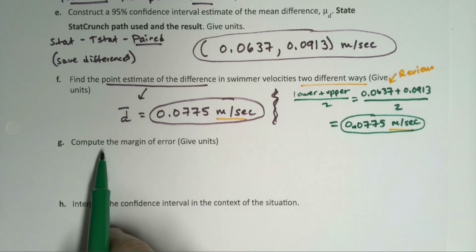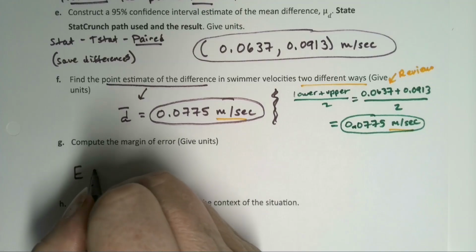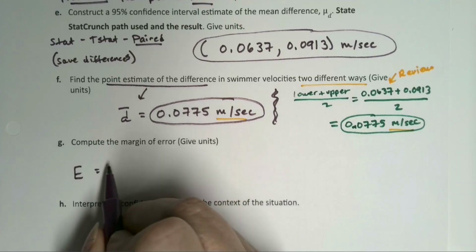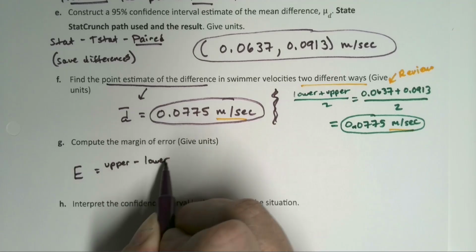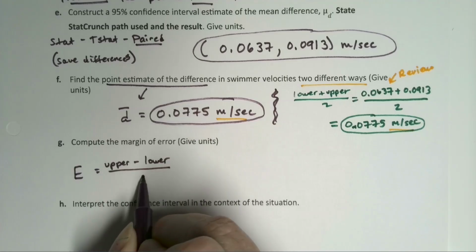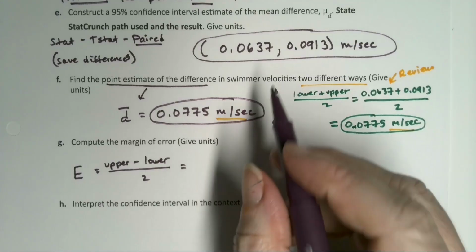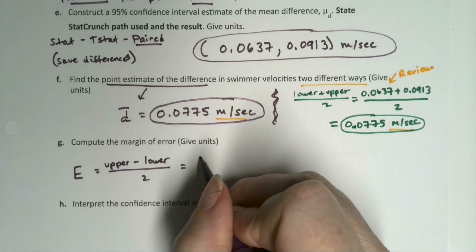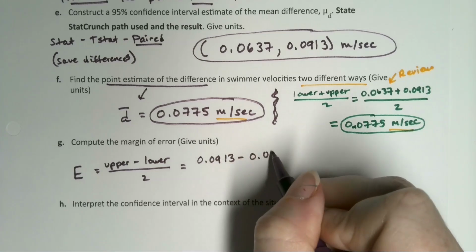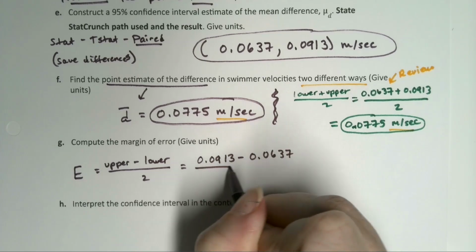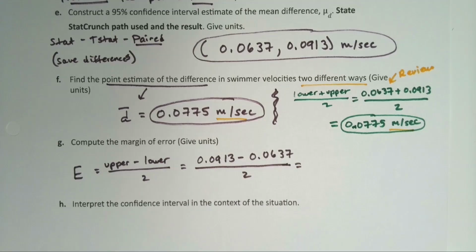Okay, what about the margin of error? Well, there are two ways to find that also, but our most common way, if we have the interval, is to take the upper minus the lower, divided by 2. Because the error is the distance from the outer edge to the center. In other words, it's half the width. So we take the whole width from the lower to the upper, we subtract, and we divide by 2.